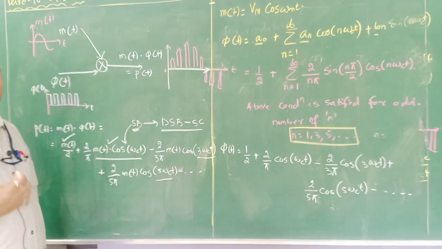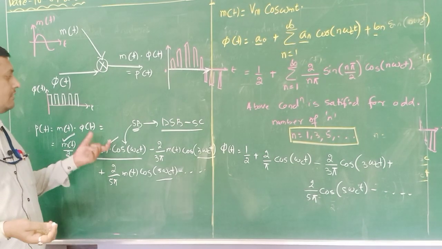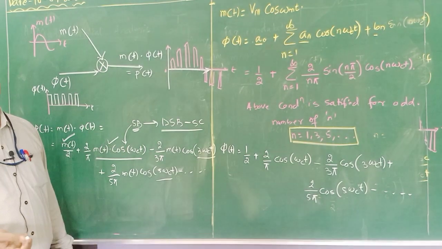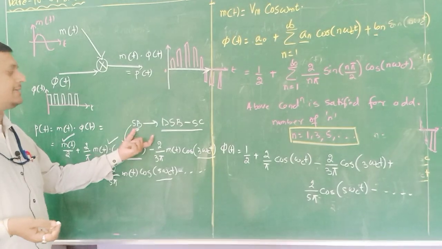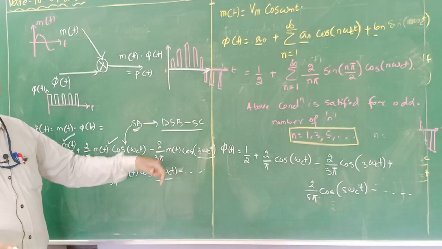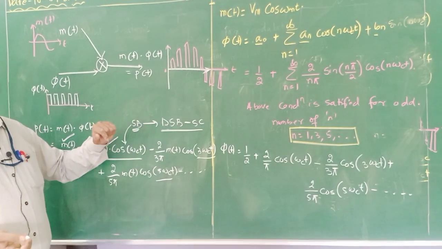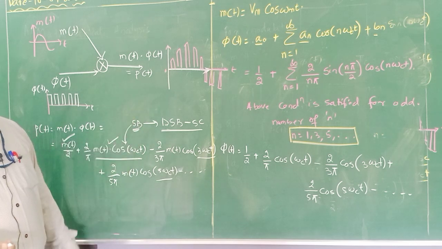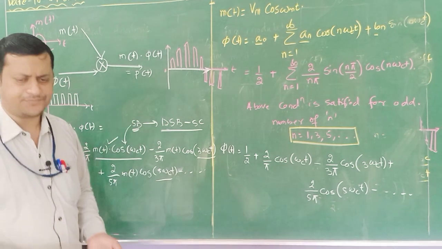But we need to generate an AM signal, so we need to add a carrier component to it. For this we need to add a carrier signal so that the resultant will be our AM component. How? We will see all those things.